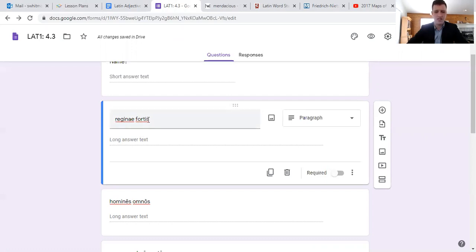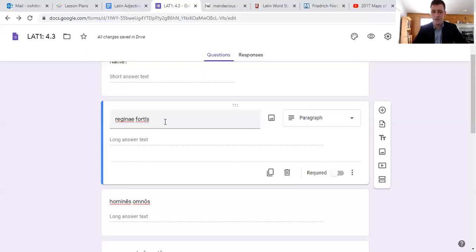So fortis, that form of the adjective, it could be genitive singular, that's for sure, because is is genitive singular in the third declension. Now, could fortis be dative singular? No, dative singular is a long I in the third declension. So even though regine could be dative singular in addition to genitive singular, fortis can't, so that's off the table.